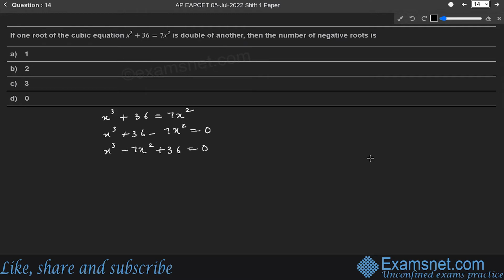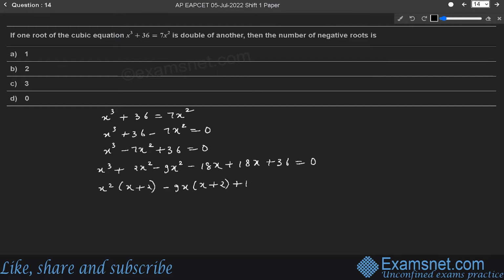It can be written as x cube plus 2x square minus 9x square minus 18x plus 18x plus 36 is equal to 0. Factoring the expression, it will be x square into x plus 2 minus 9x into x plus 2 plus 18 into x plus 2.